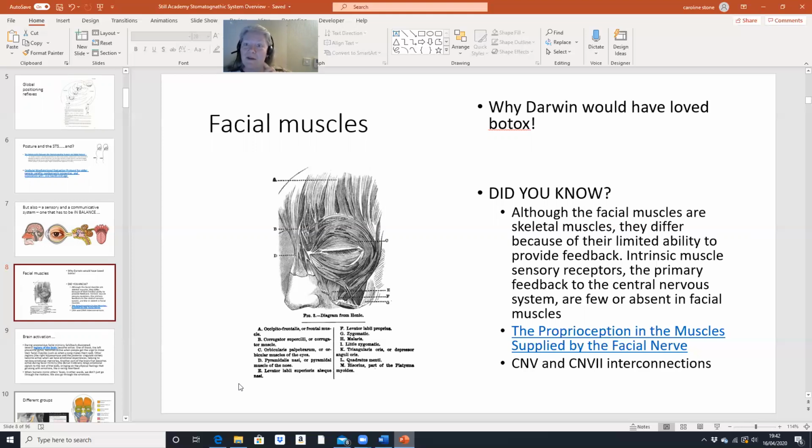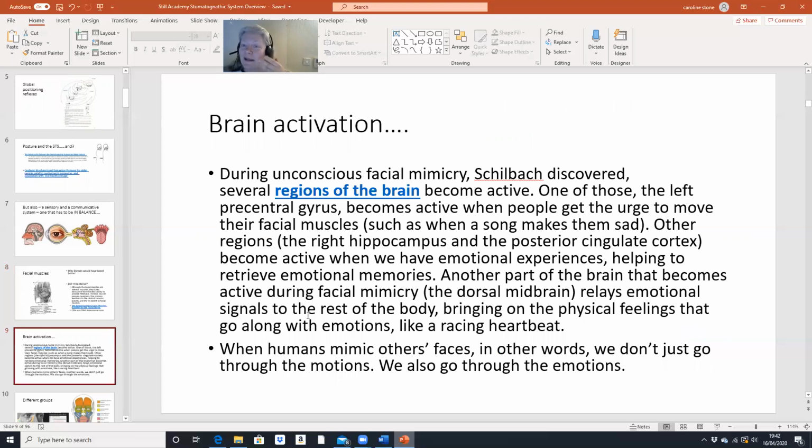But there's been some curious thoughts around this because of the way that if you make a face expression, the action of making that expression feeds back through the trigeminal system and then links onto other emotional centers of the brain. And it actually goes to various regions such as the precentral gyrus and all sorts of things, and the hippocampus and the posterior cingulate cortex, all of these things which become active when we have emotional experiences and are involved in helping us retrieve our emotional memories.